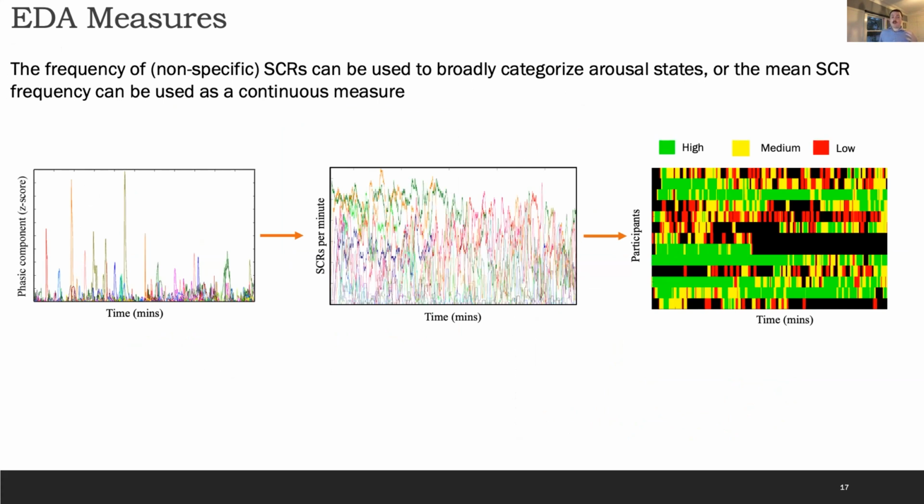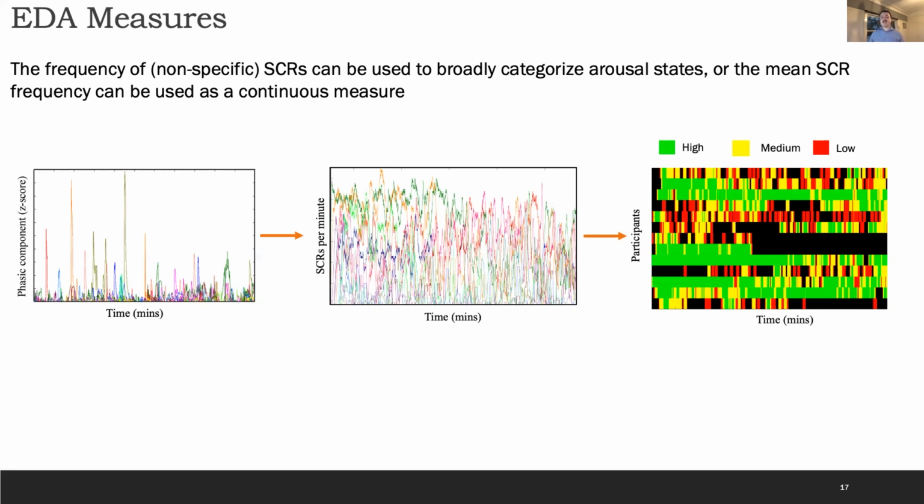While a lot of researchers take those tonic levels over time as their measures for investigating in real world contexts, what's becoming more common is looking at how often individuals have these skin conductance responses.